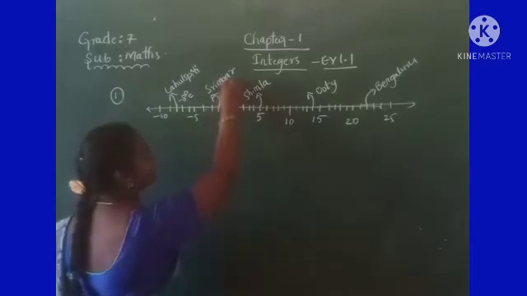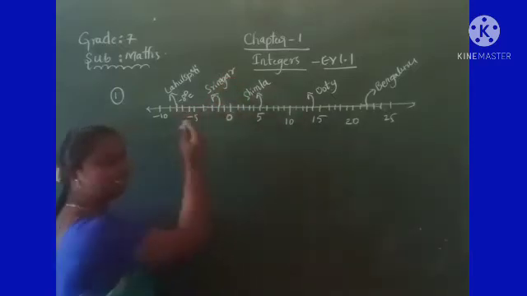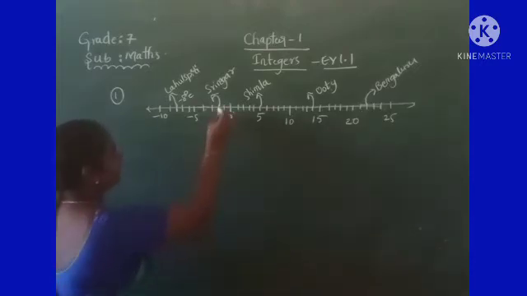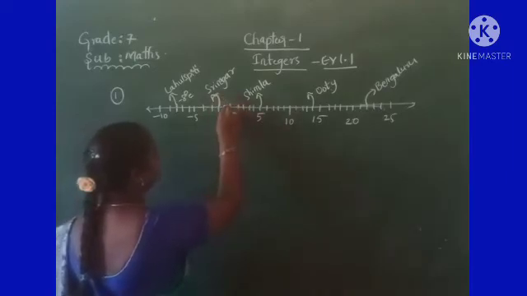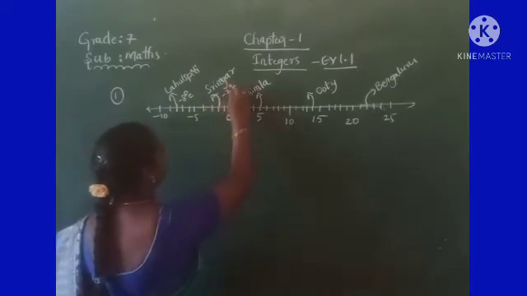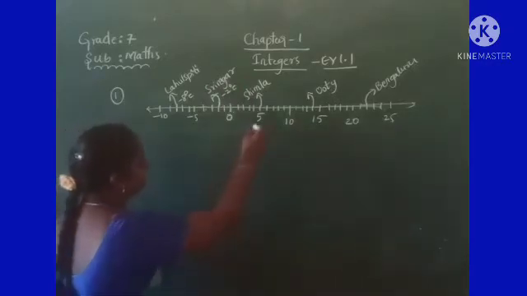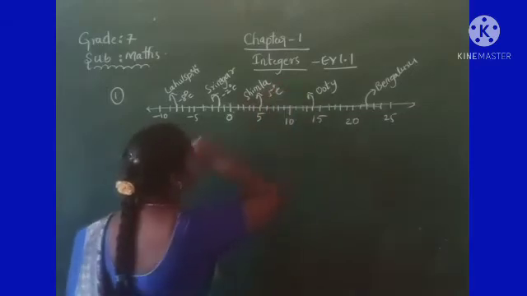Similarly, the temperature of Srinagar is how much? That is on the left side of 0. The integers on the left side of 0 are negatives. Okay? So negative integers. From 0 you go in this direction: 0, minus 1, minus 2. The temperature of Srinagar is minus 2 degrees Celsius. Similarly, the temperature of Shimla, very good, 5 degrees Celsius.